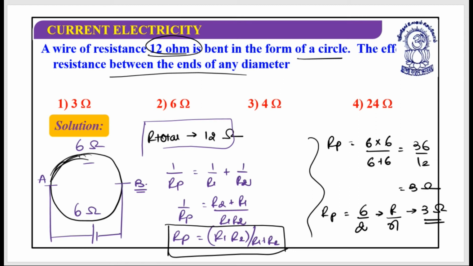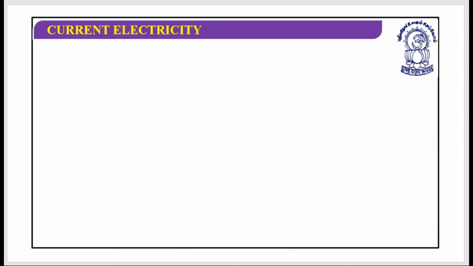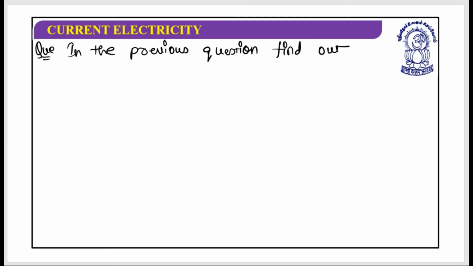This will help us. Now, shall I add something to this question? Let's have a look. Suppose in the previous question, find out RPQ.